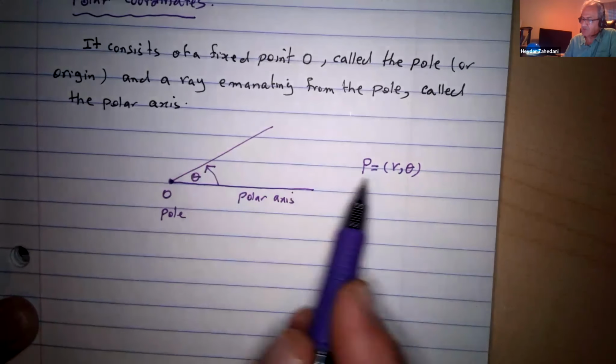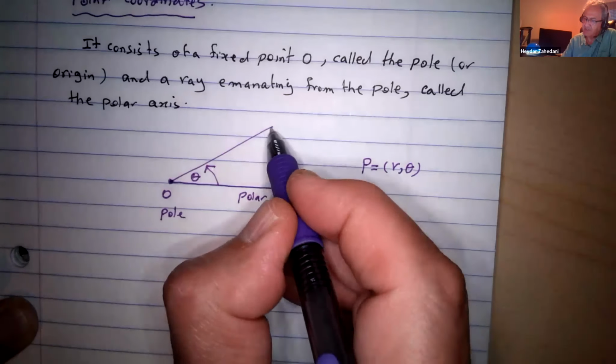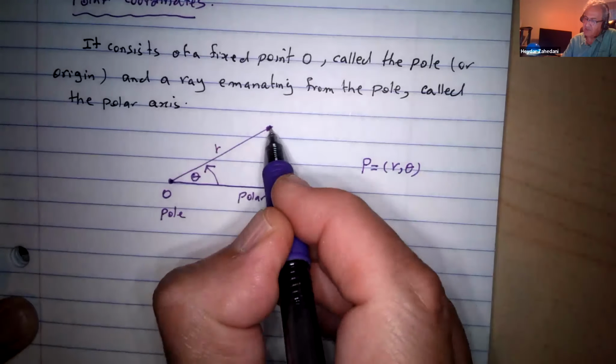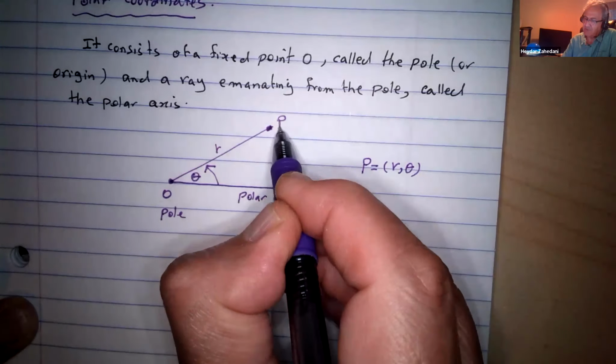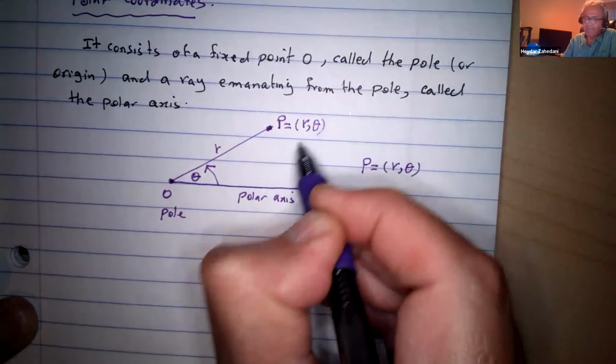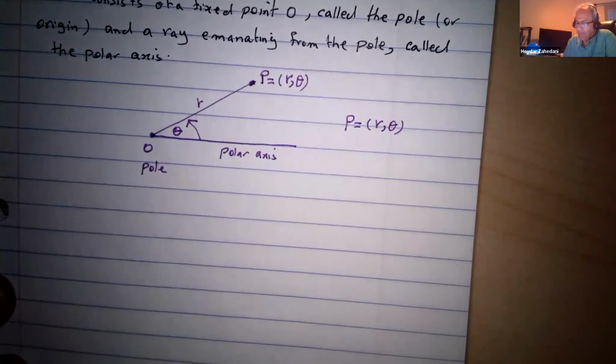Then from the origin, you are going to pick the R. So this point P would be represented by R and theta. It's like going around the circle.